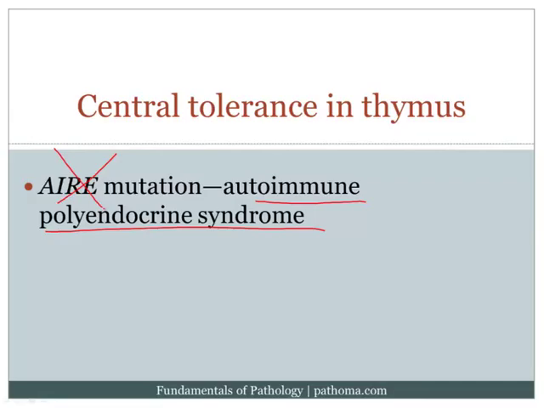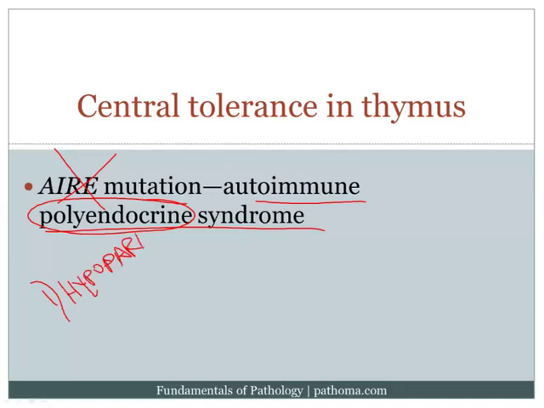Patients have AIRE mutations, and so therefore lymphocytes that are reactive to antigens that are dependent upon AIRE will be able to escape, and in particular these patients develop autoimmunity that destroys endocrine glands. In fact, there's a triad that's seen in this disorder. The first is that the patients get hypoparathyroidism.